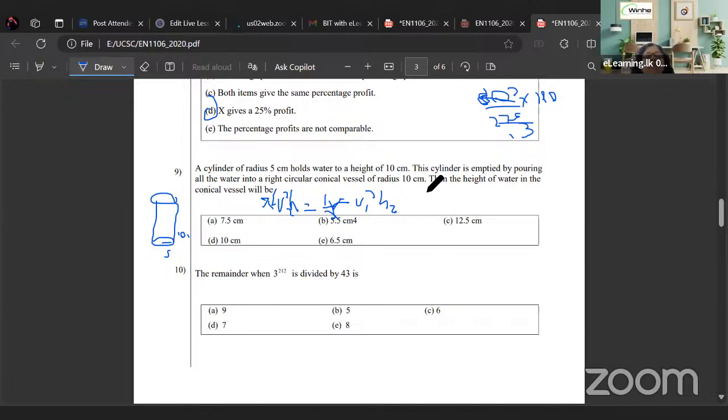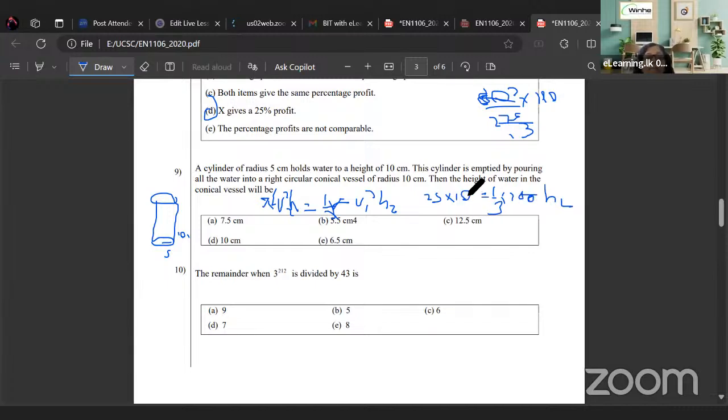R1 is 5. 5 squared 25 into 10 is equivalent to 1 divided by 3 into, now the R is given as 10, 10 into 10, 100 into H2.